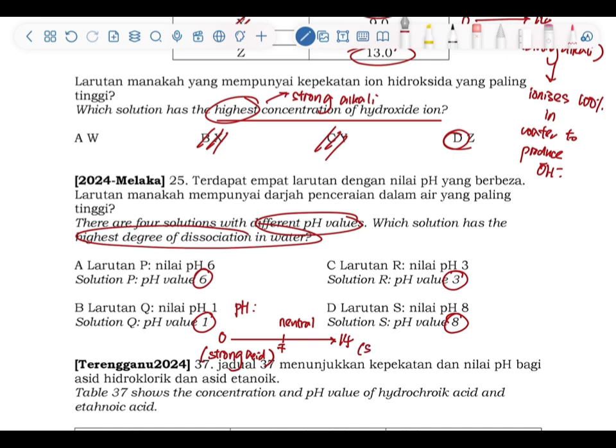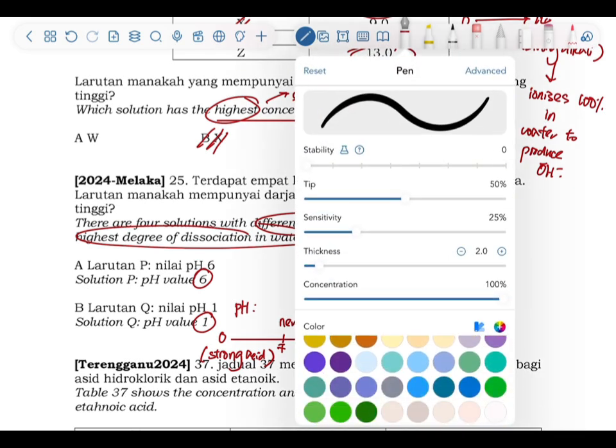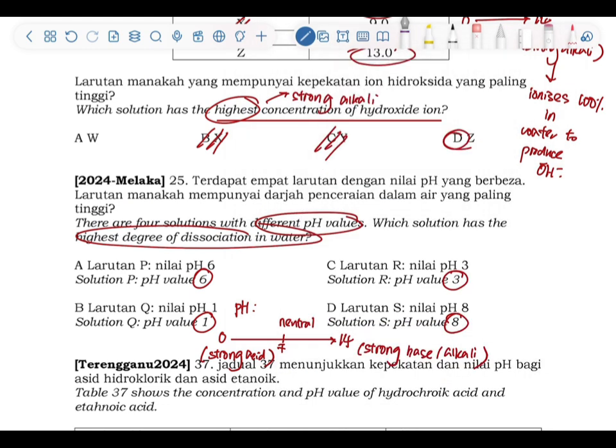Going to the right, we will get strong base, strong alkali also. Yeah, the same thing. So let's label the number one by one. So we have 1, we have 6, we have 3, we have 8.